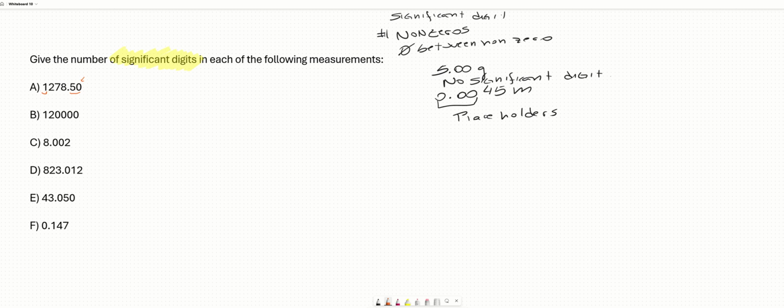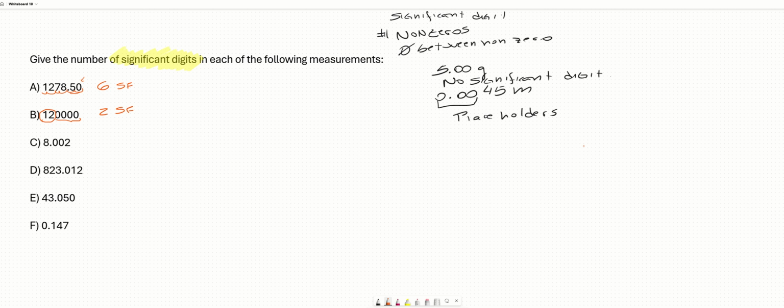So I have 1, 2, 3, 4, 5, 6 significant figures. And this number, we don't have decimals, so those zeros are not significant at all. So I have only 2 significant figures.